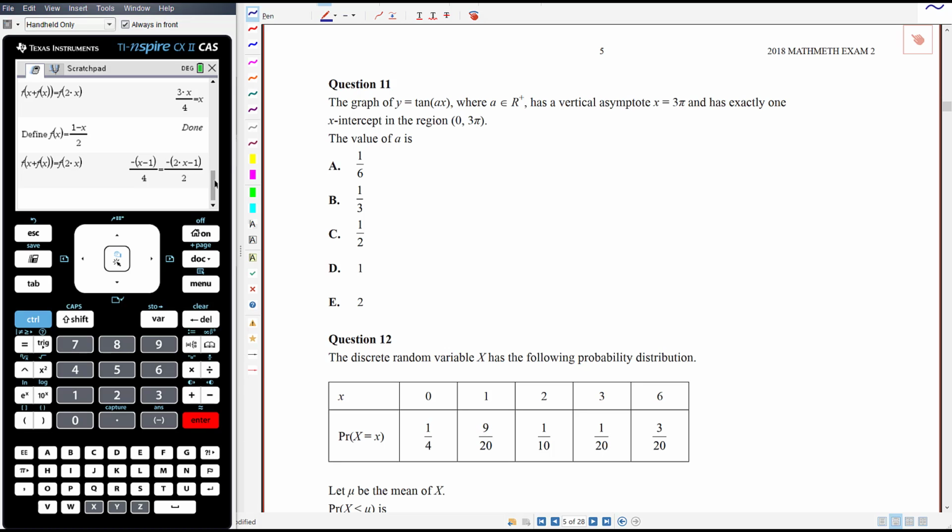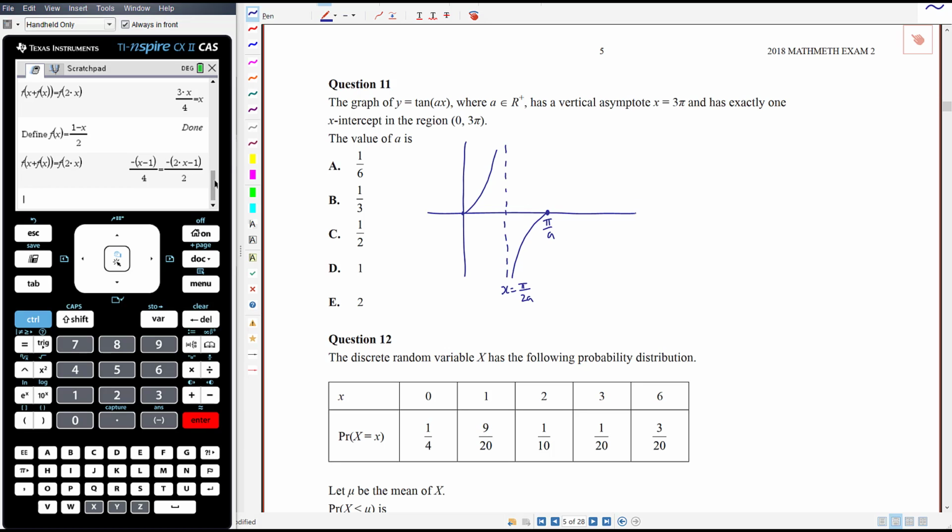Okay, so tan of ax, as long as a is a positive number, would have a period of pi on a, and therefore an asymptote at x equals pi on 2a, halfway, and it would do this.